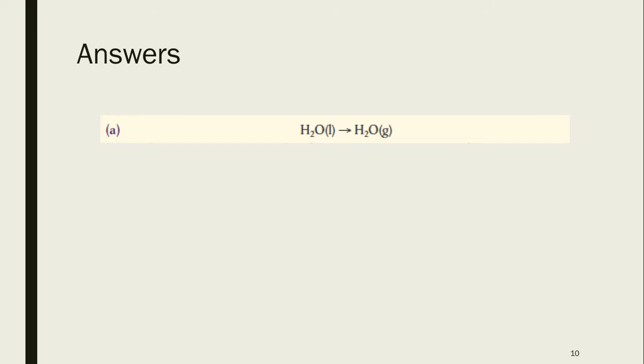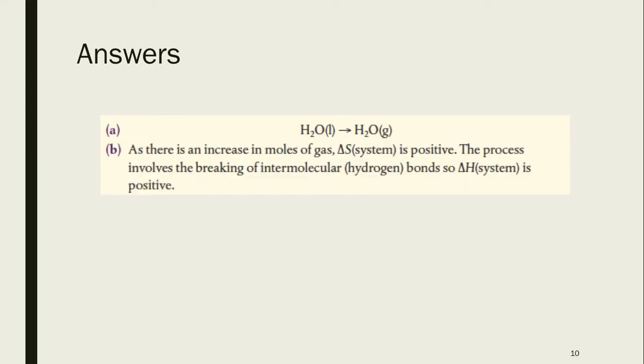Since we are increasing the number of moles of gas, we say that delta S is positive. And now let's consider delta H, the enthalpy. In order to go from a liquid to a gas, we have to add heat, and we have to break those intermolecular hydrogen bonds. So therefore, delta H is also going to be positive. You can see the answer for letter B there.